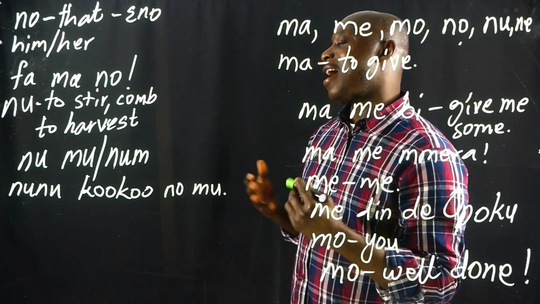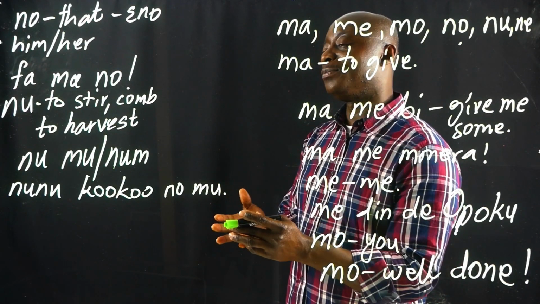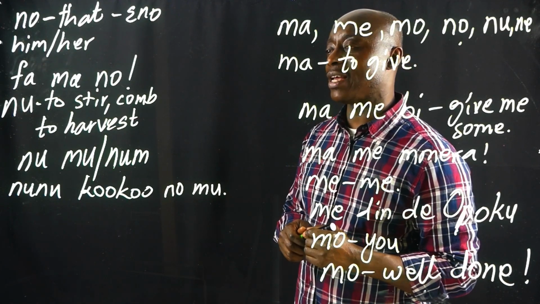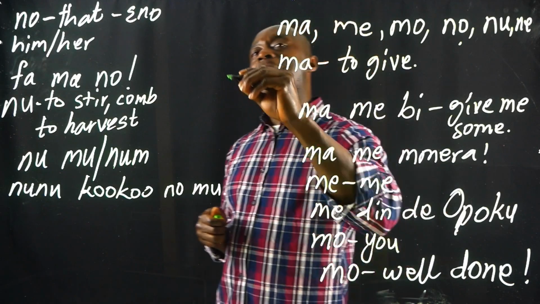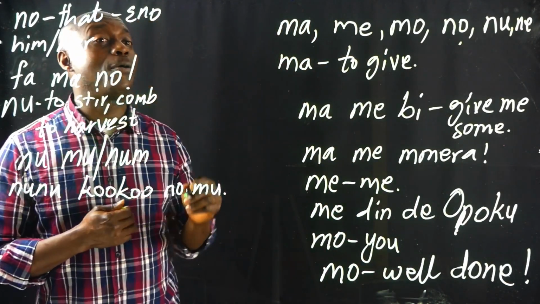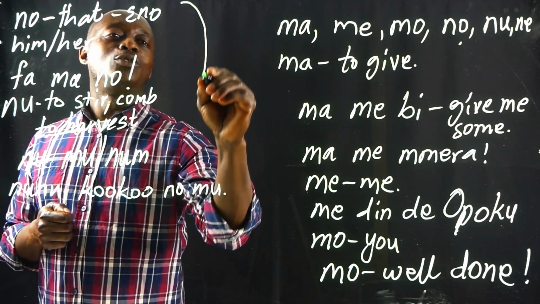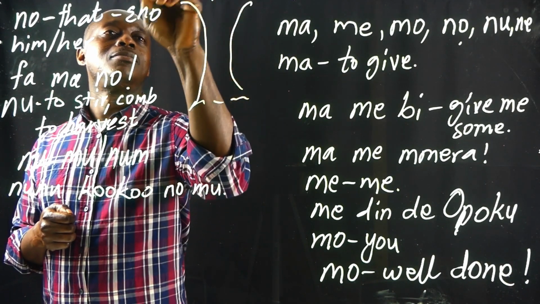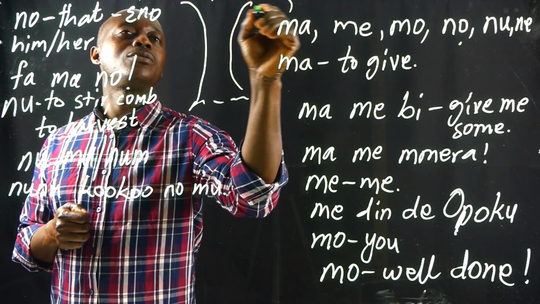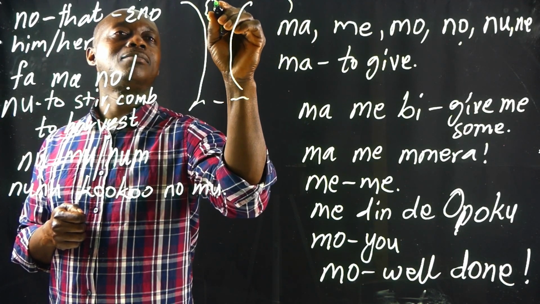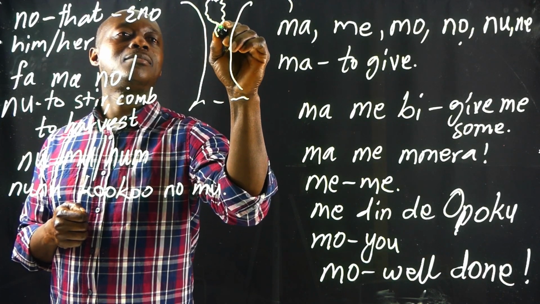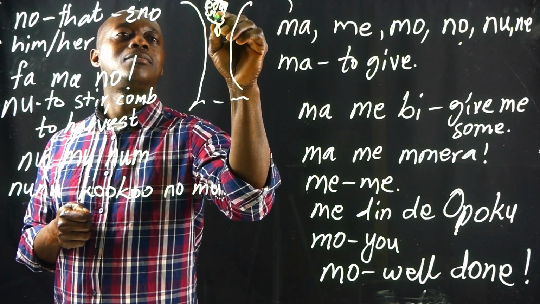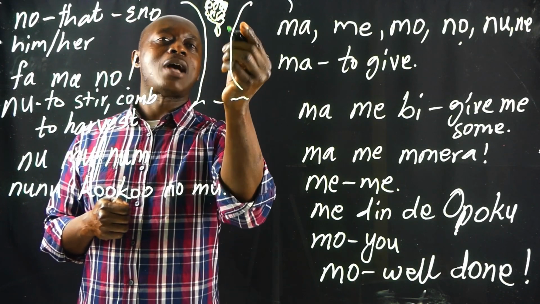Okay, and then also it could mean to harvest palm fruit. If you have a palm there, let me see if I can draw. Assuming this is a palm tree with palm fronds, and the fruit is here. And you want to harvest it.